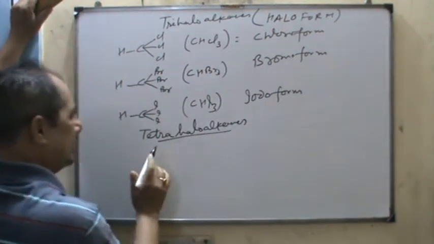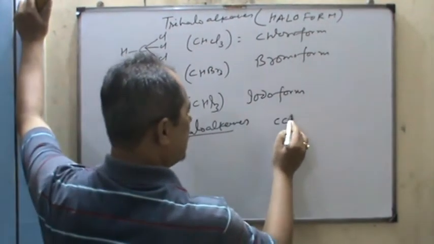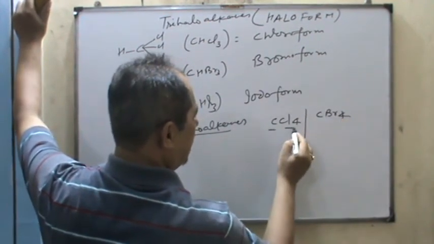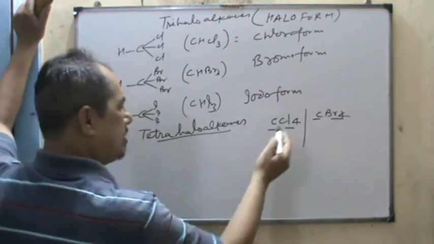And finally, tetrahaloalkanes. That is 4 halogen atoms like CCl4 and CBr4: carbon tetrachloride and carbon tetrabromide.